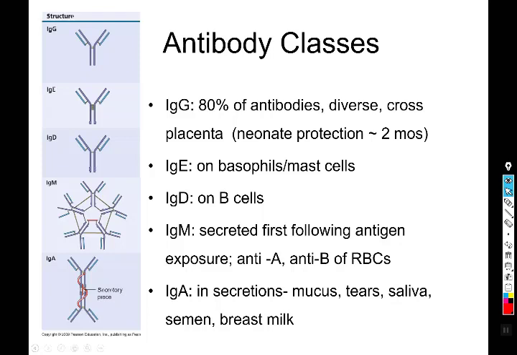Okay, antibody classes. I mentioned that IgDs were on B cells, and that is true, and I also said that we would talk about the rest of the kinds, so here we are. Most of your antibodies are simple Y-shaped chains. There are obviously some exceptions, right? And most of those Y-shaped chains are IgGs, so immunoglobulin Gs.